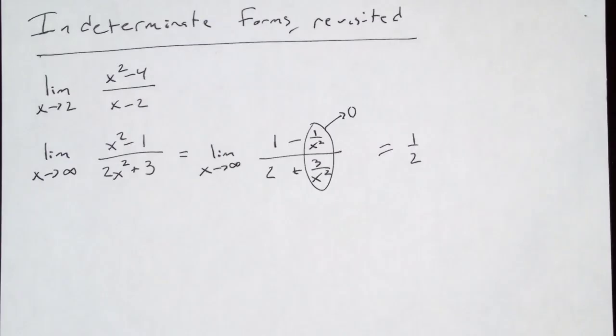I can. What 1 would you like to multiply by? I'm not sure what x minus 2, again, would give me. I already have an x minus 2 on the bottom. But I could multiply by something else.